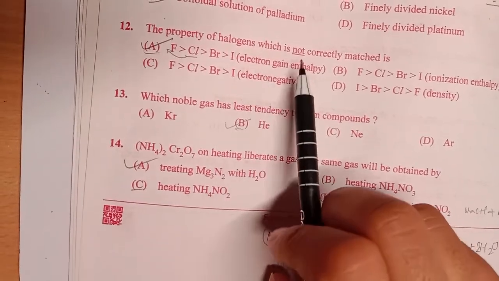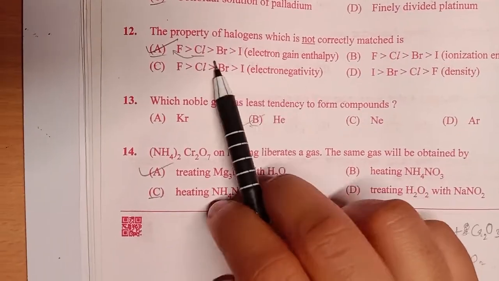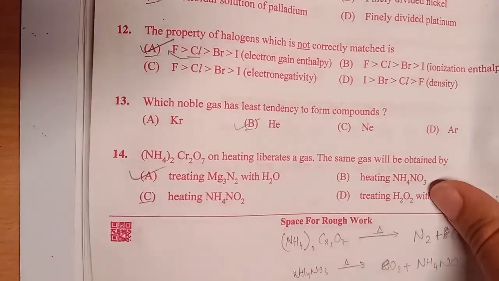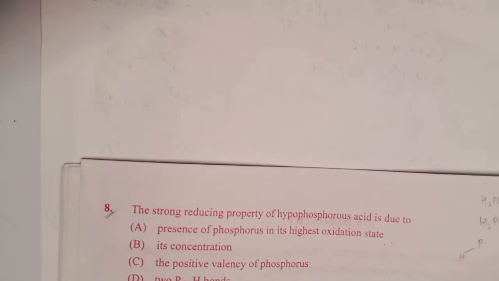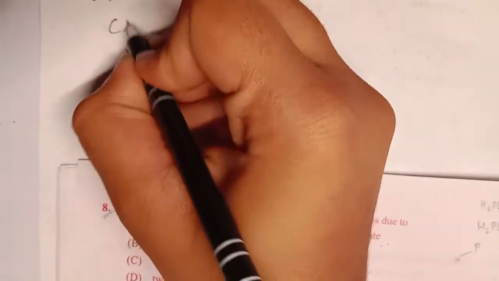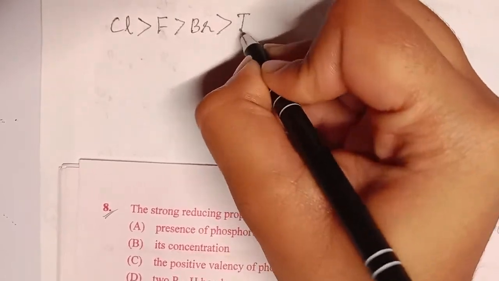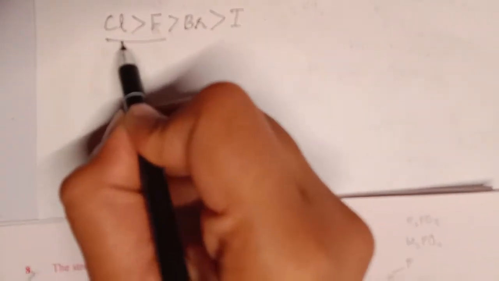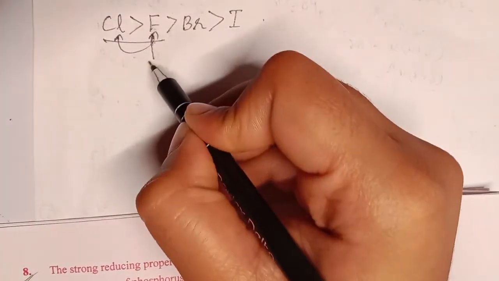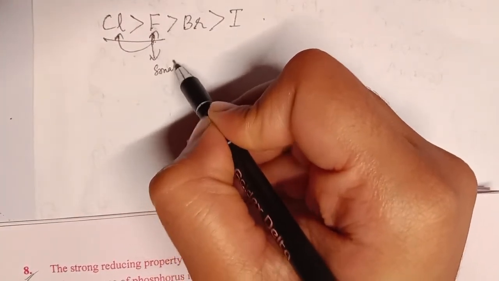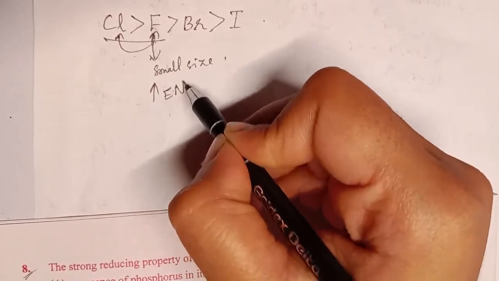Property of halogens which is not correctly matched. So first one is electron gain enthalpy. Electron gain enthalpy in halogens is in the order chlorine is greater than fluorine, then bromine, then comes iodine. This interchange in position between chlorine and fluorine elements is due to, first of all, fluorine has a very small size and it is highly electronegative.